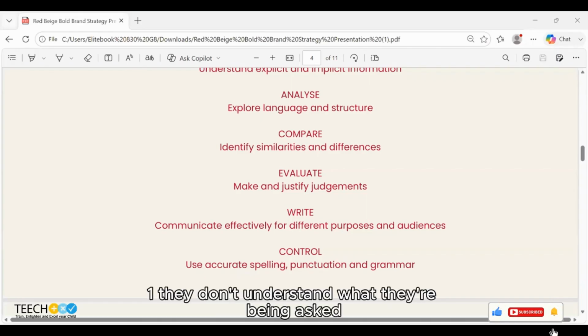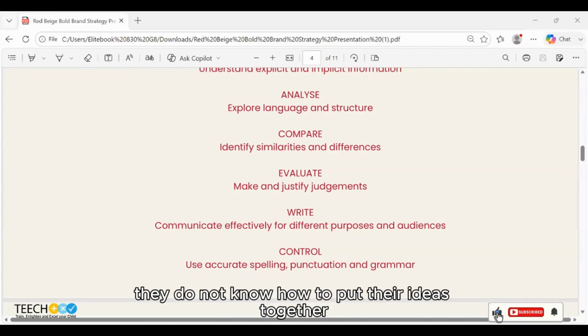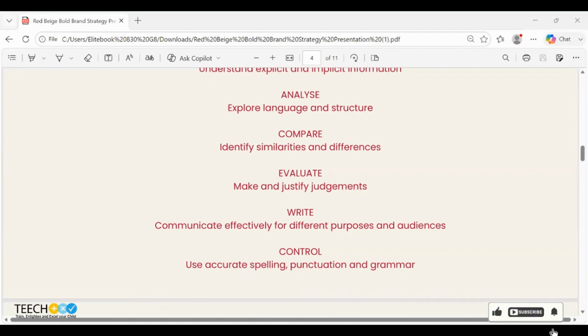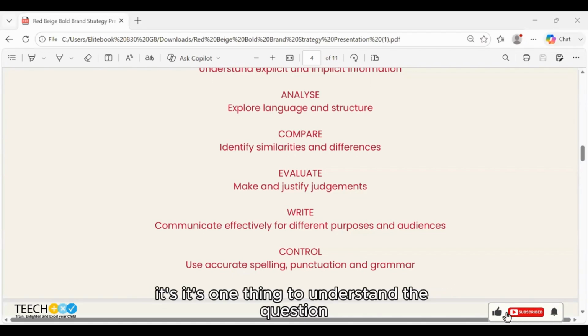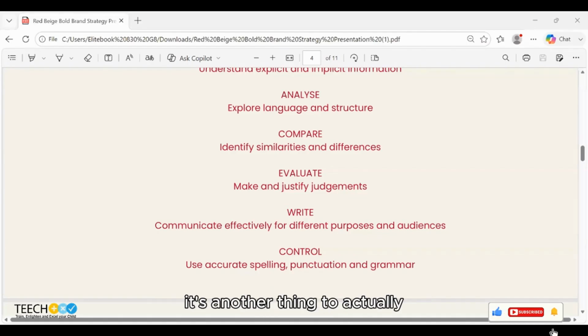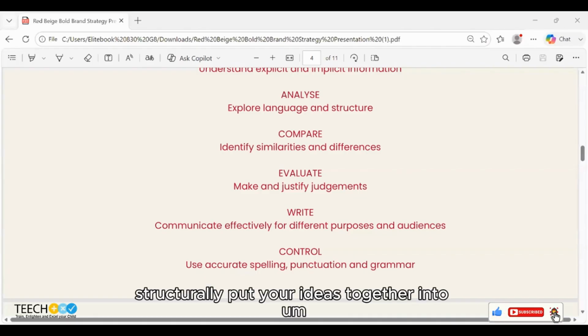One, they don't understand what they are being asked. Secondly, they do not know how to put their ideas together. It's one thing to understand the question, it's another thing to actually structurally put your ideas together into a paragraph.